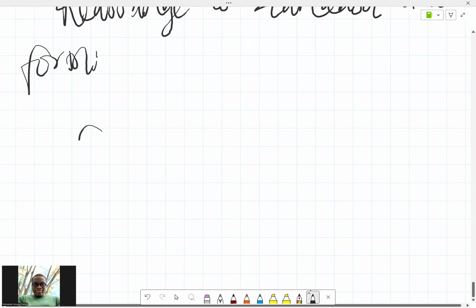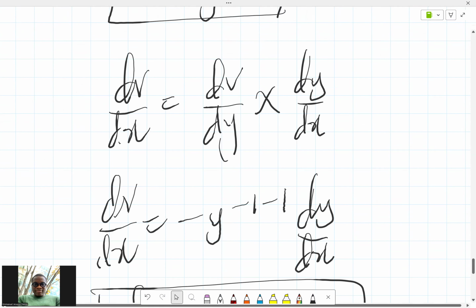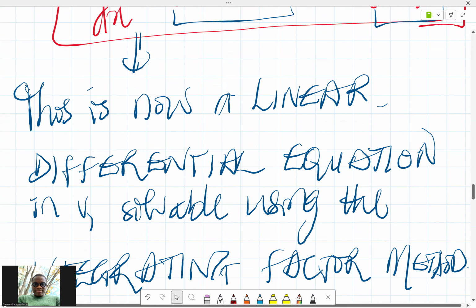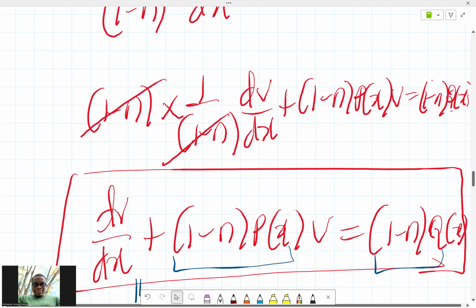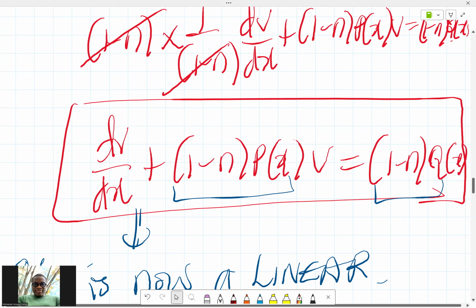So this now becomes dv/dx plus 2 over x v. If you do what we have here, like this general expression now, so this is dv/dx plus 1 minus n, where 1 minus n is minus 1, then we have p of x.